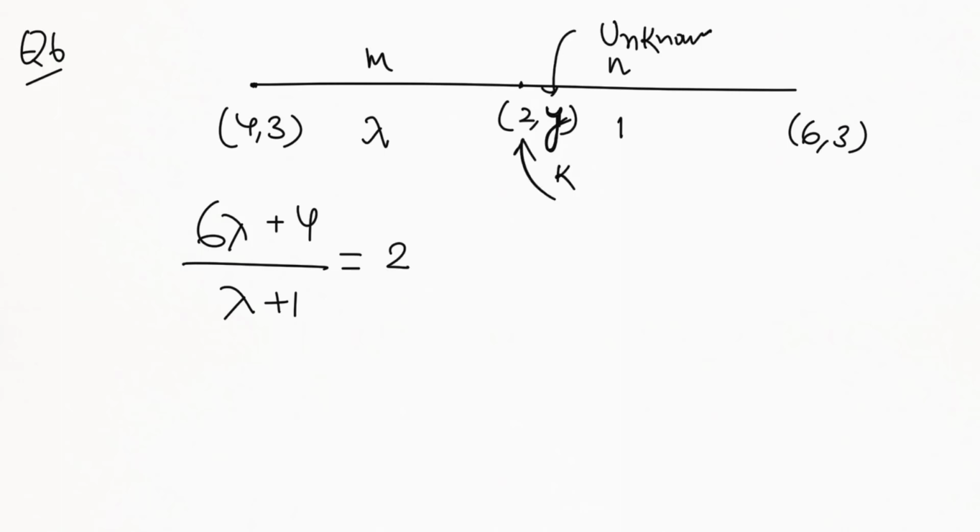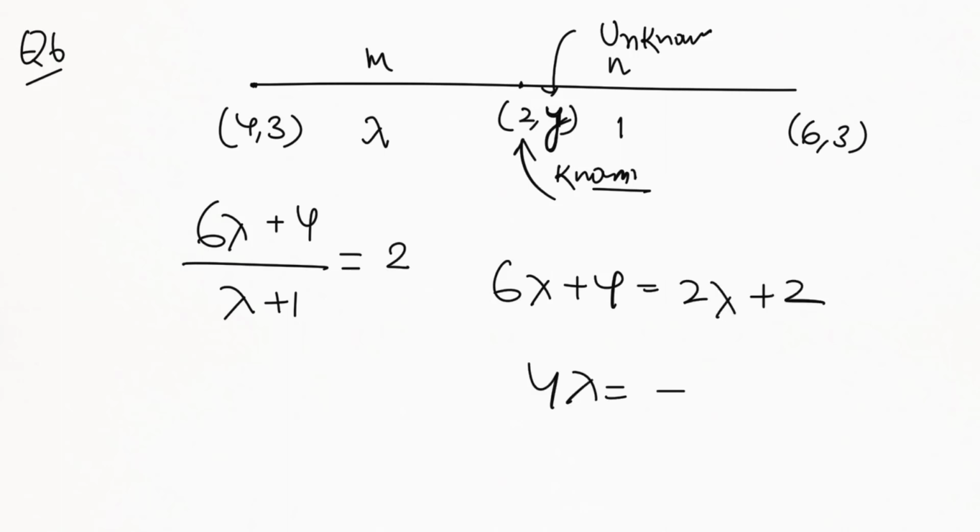This is known, so whatever is known we will calculate based on that, right? So 6 lambda plus 4 over lambda plus 1 is 2, and if we solve this, 2 lambda plus 2, 4 lambda is negative 2, so lambda is negative 1 over 2, that is m over n.